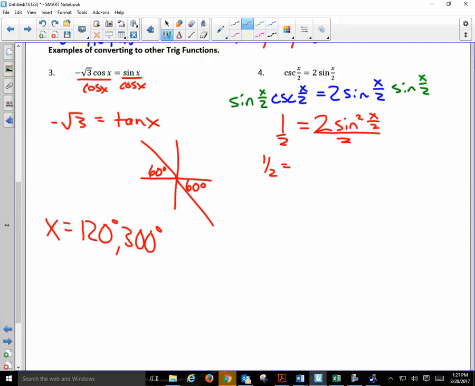So 1/2 is equal to sine squared of x over 2. Take the square root. List the positive and the negative. Root of 1/2 is equal to sine of x over 2. Do I get rid of the 2 or the sine? Sine. How do I get rid of sine? Sine inverse.